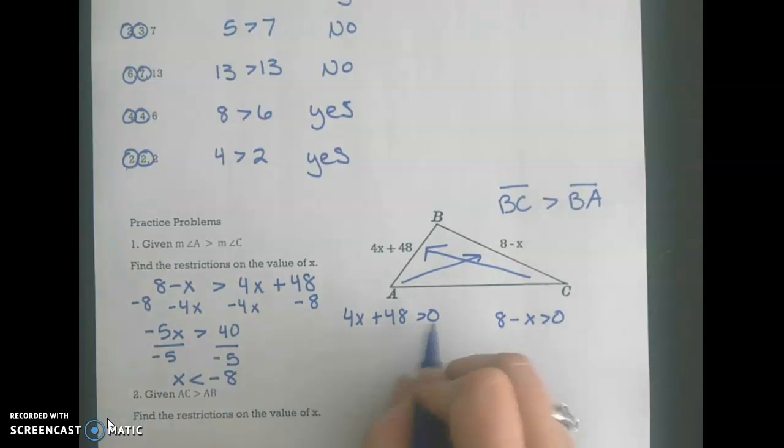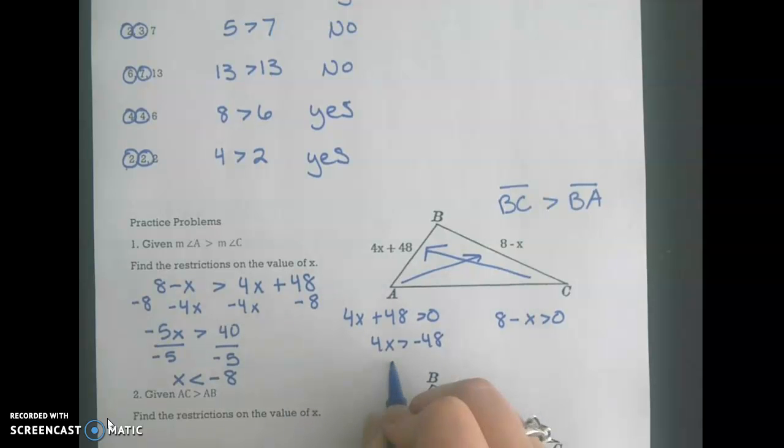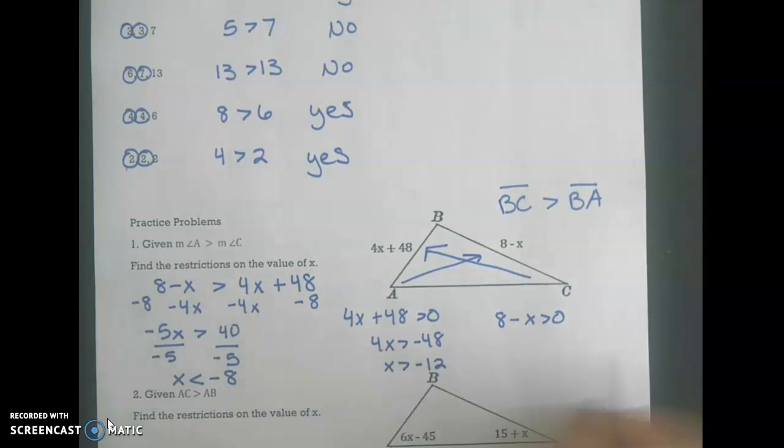So for this one, I'm going to move 48 to the other side, and I solve, and I get that x is greater than negative 12. And then for the other one, I can just move x to the other side, and if I wrote that the other way around, it would say x is less than 8.